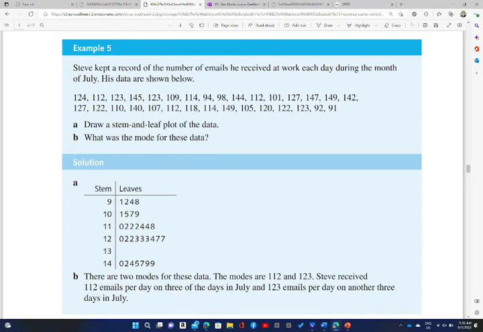So here, all we were able to find from the length of the thing is what value or what stem is the mode. So more 90s, more whatever. But you can also use this and the organization to find out what actual number is the mode of the data. Okay? And to do that, we're just going to see which leaf occurs most frequently.